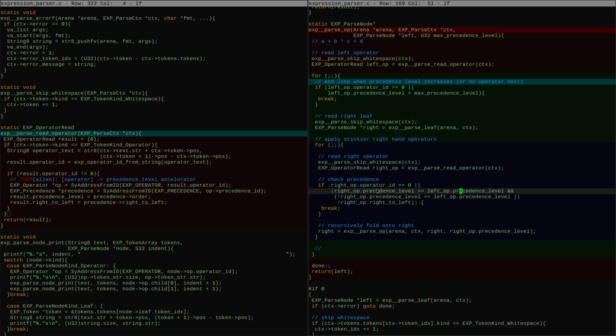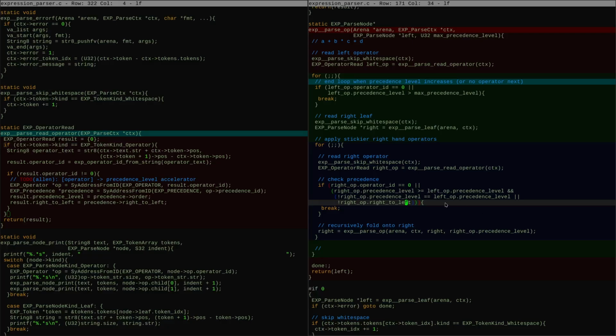Now, if the operator ID is 0, we're done. If the right hand side has a precedence level greater than or equal to the precedence level, and either they're not equal or, well, this is an odd expression, I have to say.